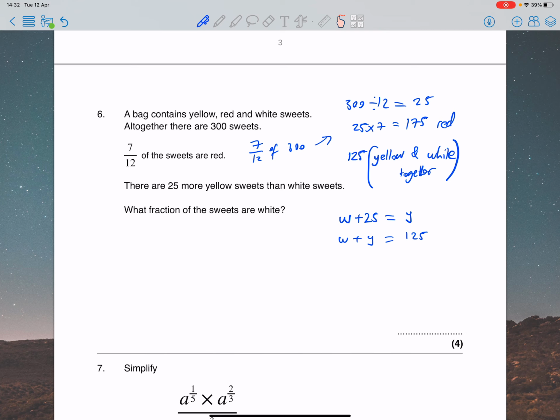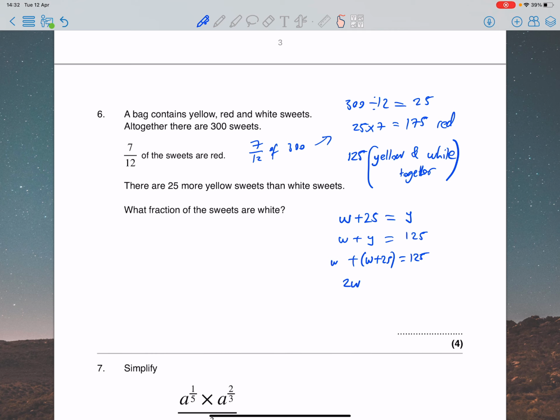So we already know that y is the same thing as w plus 25, as it's written here. So let's use that. So I'm going to put w plus, and then I'm going to replace this y with w plus 25. So that becomes w plus w plus 25 equals 125.